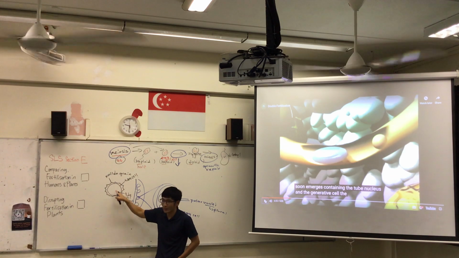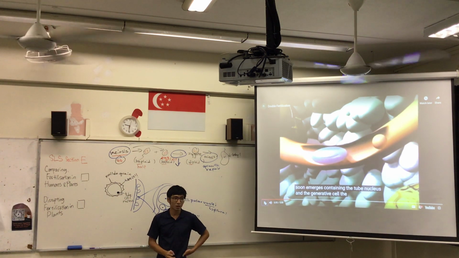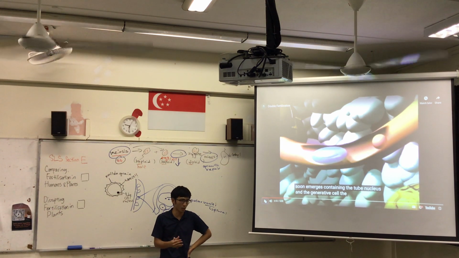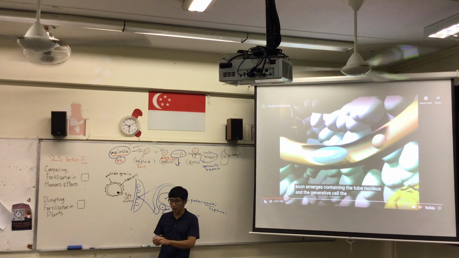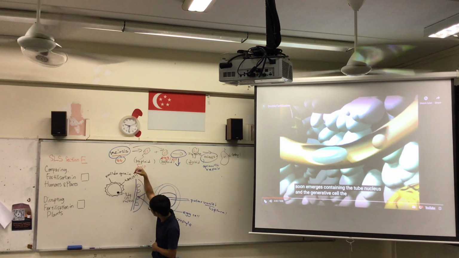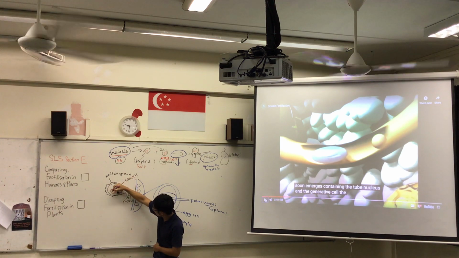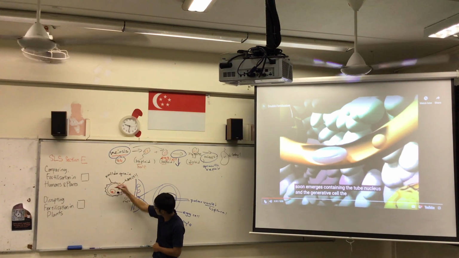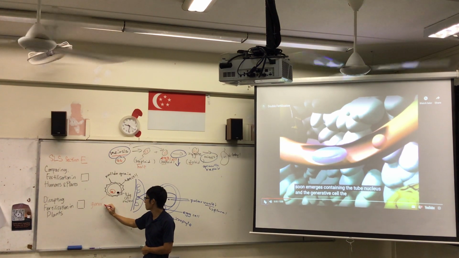But within this particular cell, there's actually another cell. It's a cell within a cell. Your seniors also used to learn how it's possible that you can have a cell developed within another cell, but we took that out of the syllabus too. So within the tube cell, there is another cell with its own nucleus inside. This is the generative cell.